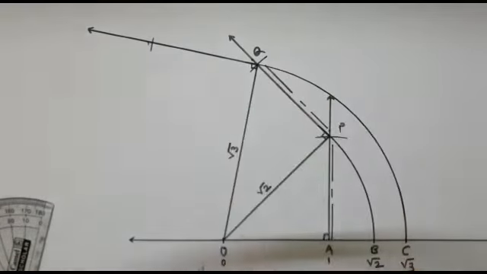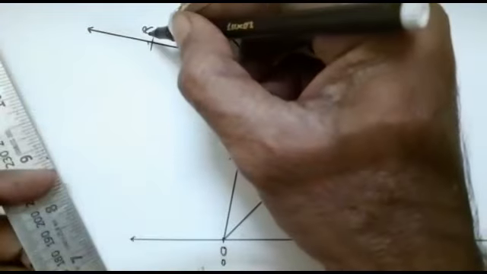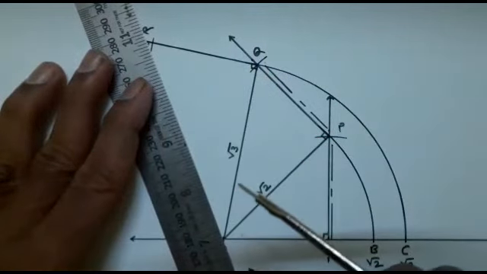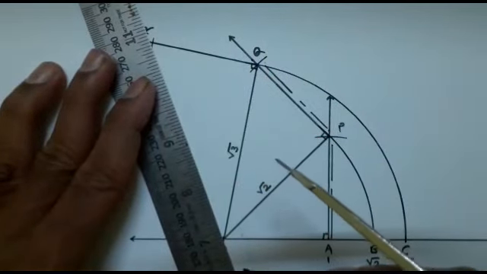Here it is the 90-degree angle. Name this point R. Now draw the hypotenuse of this triangle.